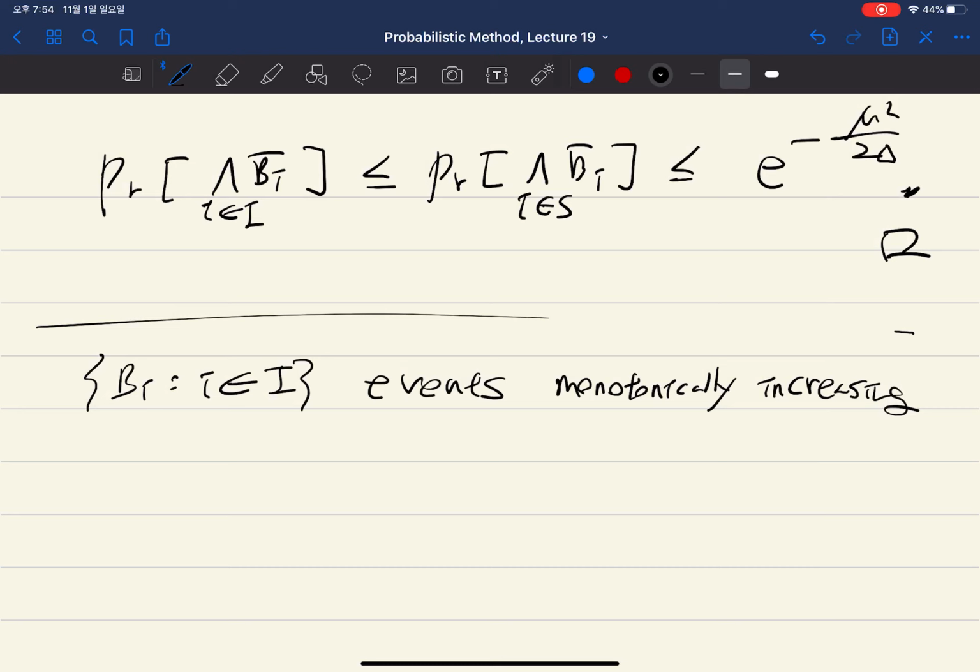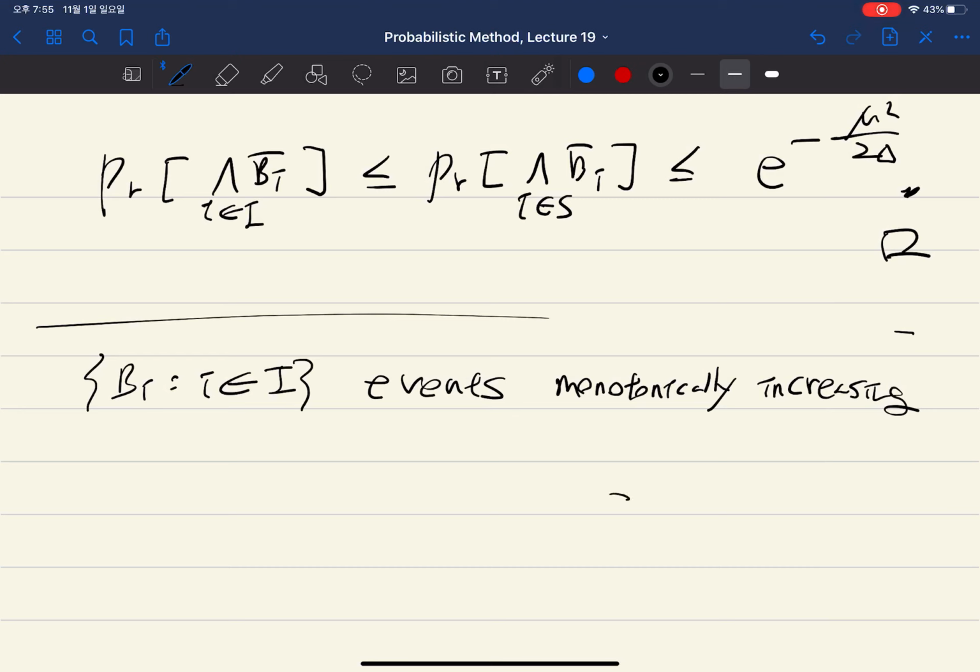So what we mean here by monotonically increasing is what we defined in section 6. Give me a moment. So how did we define monotonically increasing? Yes.